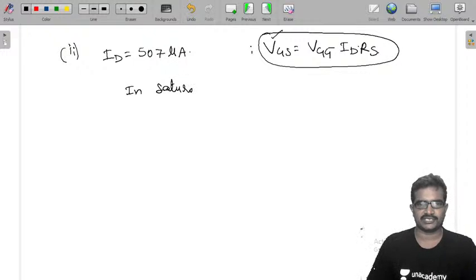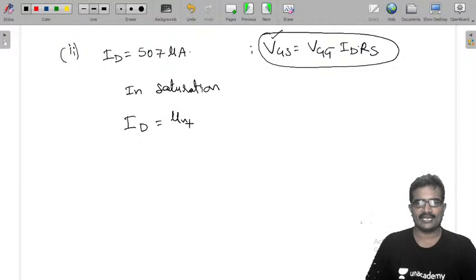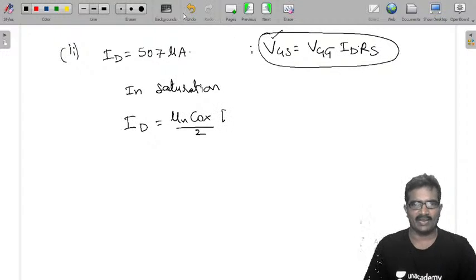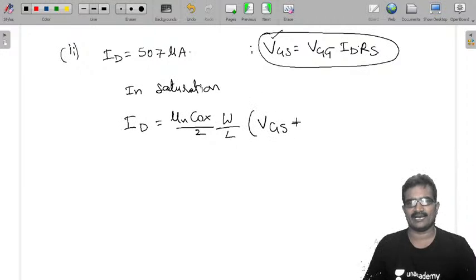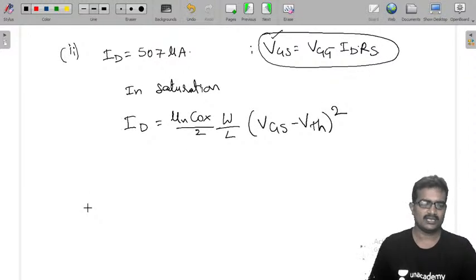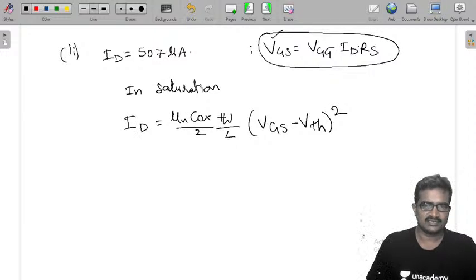In saturation, we know the value of ID. ID is mu n into COX by 2 into W by L into (VGS minus VTH) whole square. From that I take this part to this side, take the square root, and VTH also to this side.